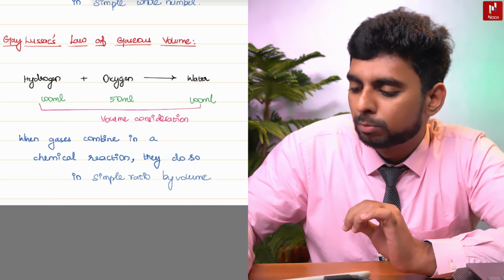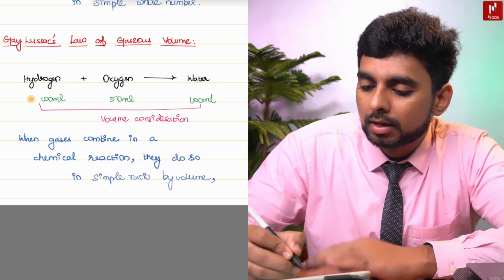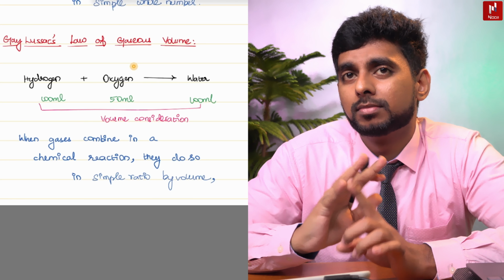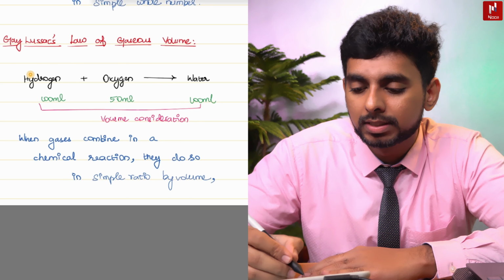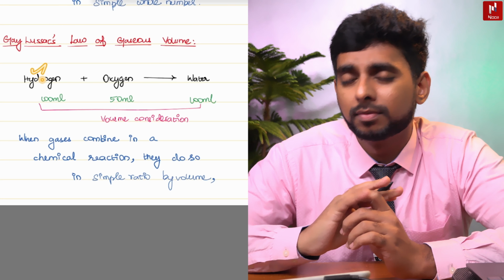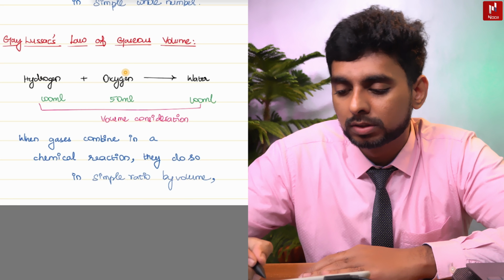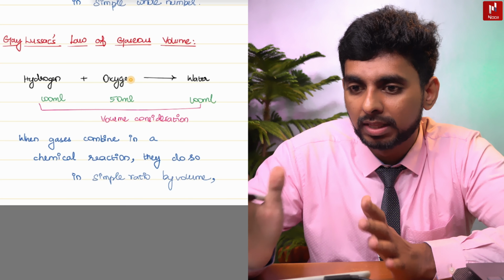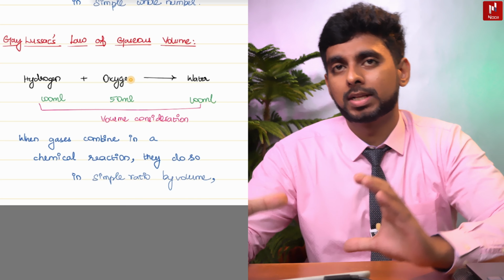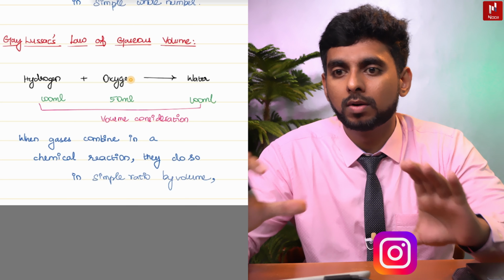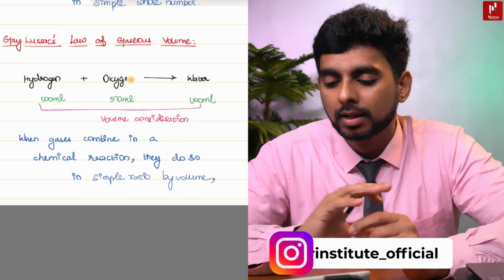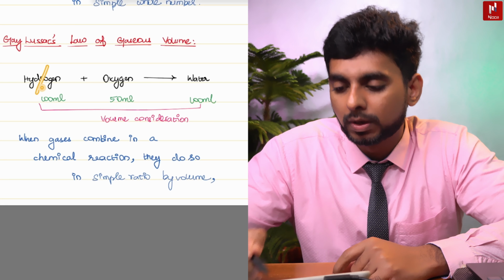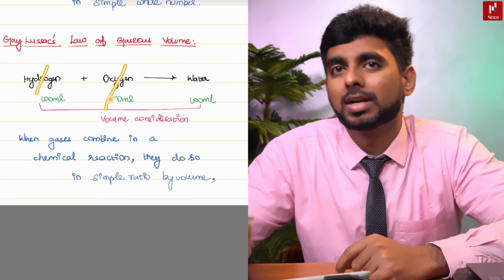One more consideration is that this hydrogen and this oxygen have to be at the same temperature and pressure. Fine. You shouldn't take the hydrogen at a temperature of 100 degrees Celsius and the oxygen at 50 degrees Celsius. These two have to be at the same temperature. That is when, for the volume that I'm going to consider, you have the same number of molecules, right? Therefore, one of the important considerations is that hydrogen and oxygen should have the same temperature and the same pressure.